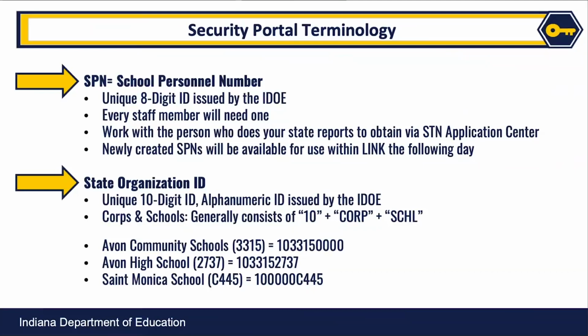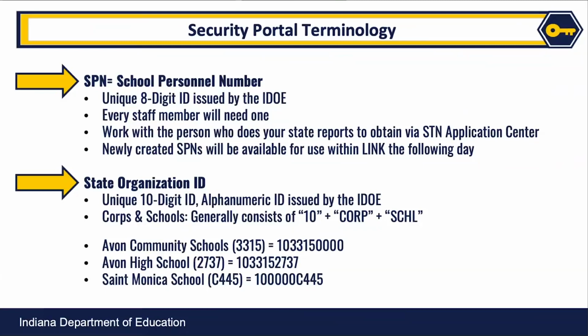For example, Avon Community Schools has a corp ID of 3315, so their state organization ID would be 10 3315 0000. Avon High School has a school ID of 2737, so their state organization ID would be 10 3315 2737.